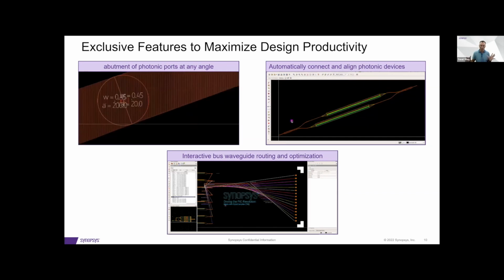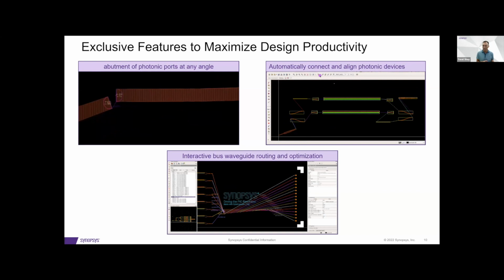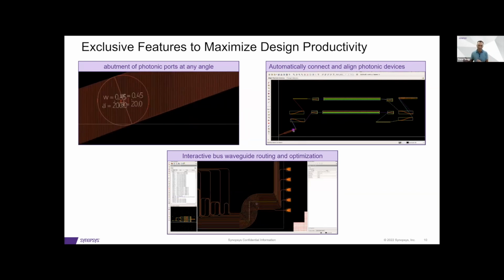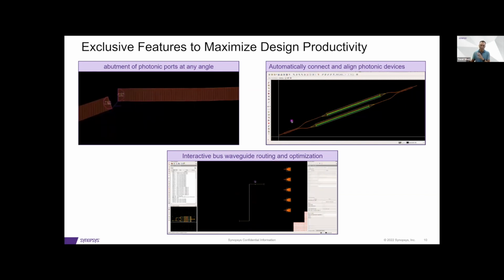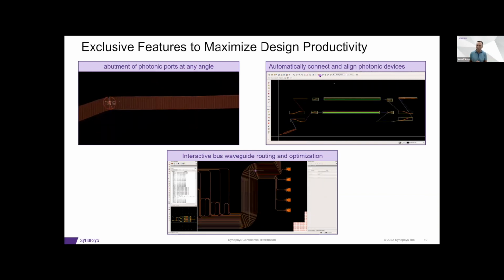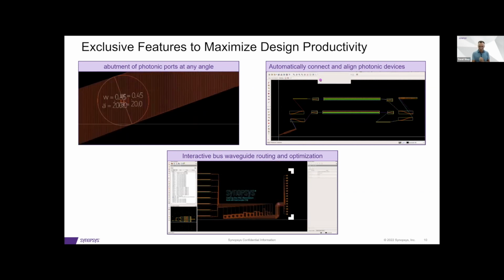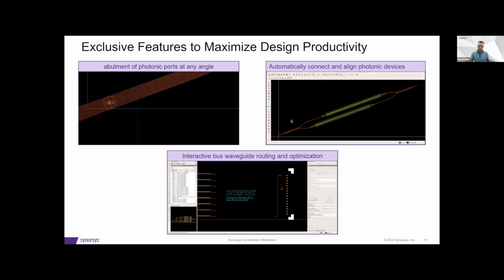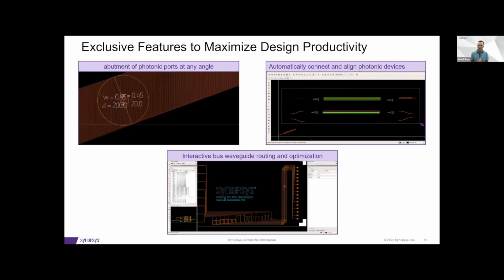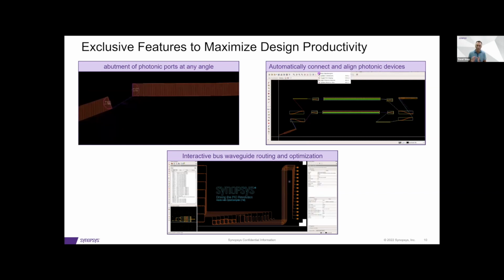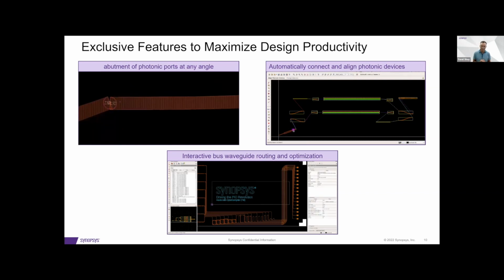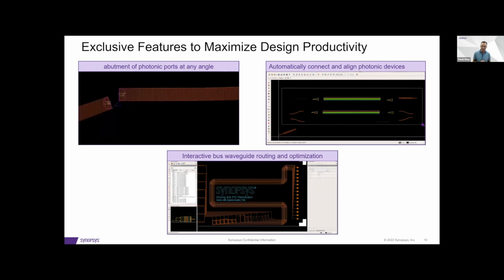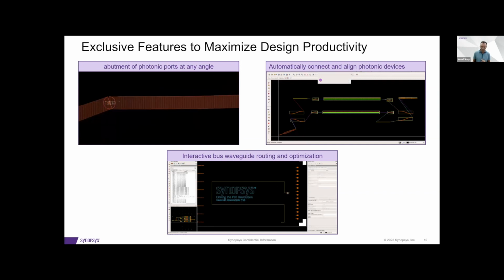All of those changes happening in the layout will automatically get back-annotated to the schematic, so all those changes can be resimulated to make sure that everything is still in check. We also introduced capabilities to make sure that all those connectors are at a constant delay between each other, or zero delay between each other, just to make sure that the photonic engineer is really able to implement exactly what they intended to implement.